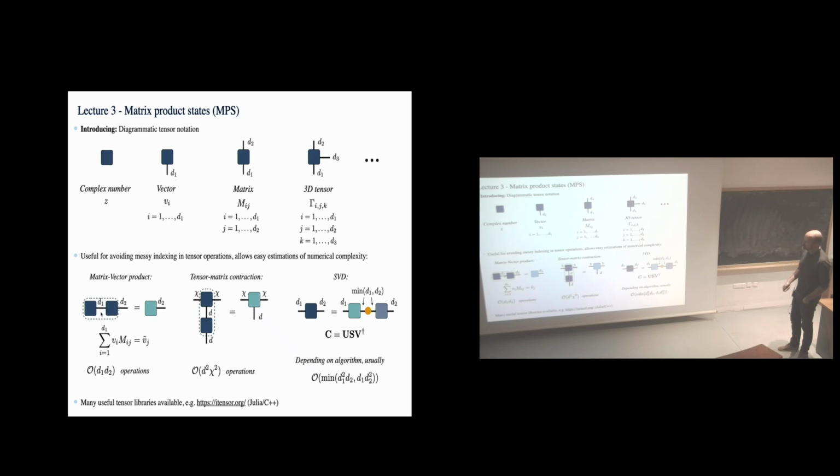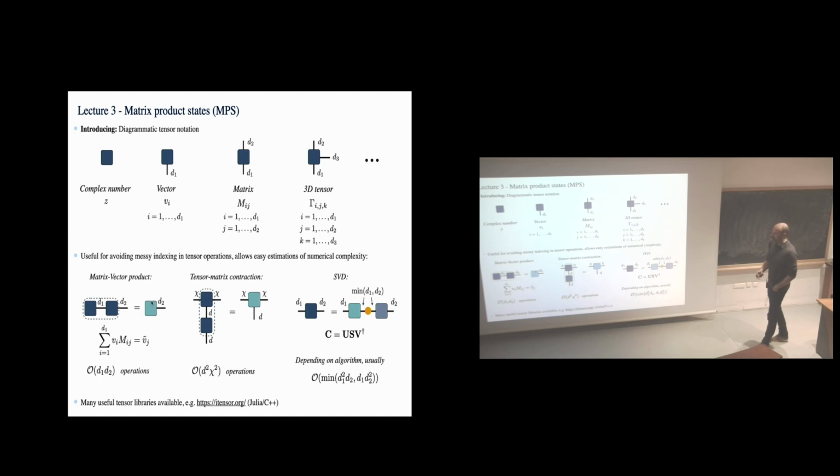So you just sum over this index here, and this goes away. By this I mean really the matrix vector product. Here I sum over this index D1, so my vector has this index i, the matrix has indices i and j, I sum over i and I end up with a vector j. So this is really a matrix vector product. If I get rid of this index, I come out with a vector.